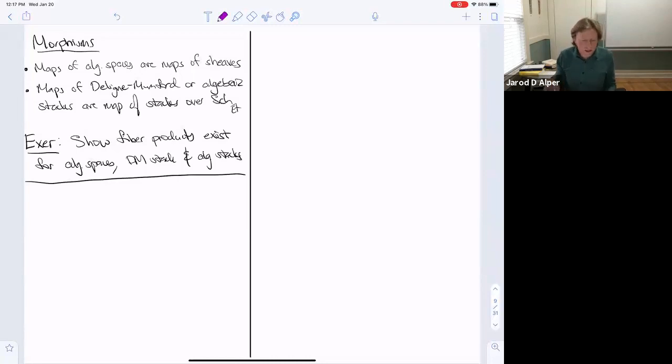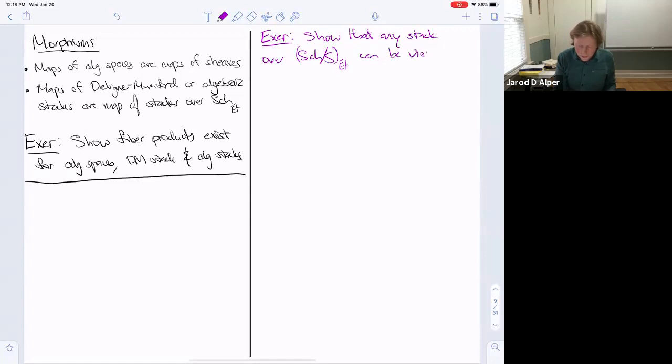And maybe let me just say one other thing that will also come up. Maybe this is an exercise: show that any stack over, suppose you want to work in the relative setting of schemes over S, can be viewed as a stack just over the category of schemes.